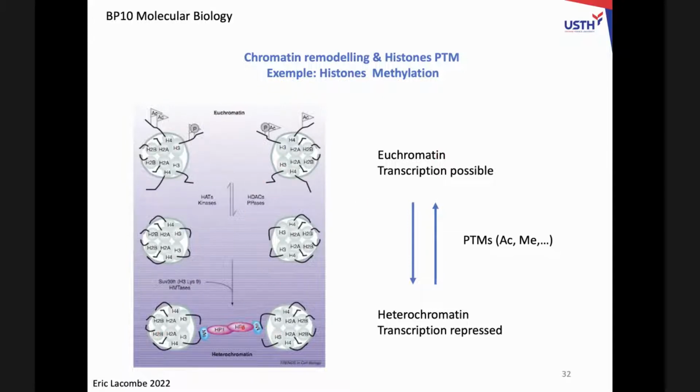Then if you remove and or change the marks, in this drawing, first step, we remove the acetyl marks and the phosphate, but don't take care about the phosphate. We remove the acetyl group of H4 and we add, you see, this is histone methyltransferase. It's the enzyme that is able to link a methyl group to histone H4.